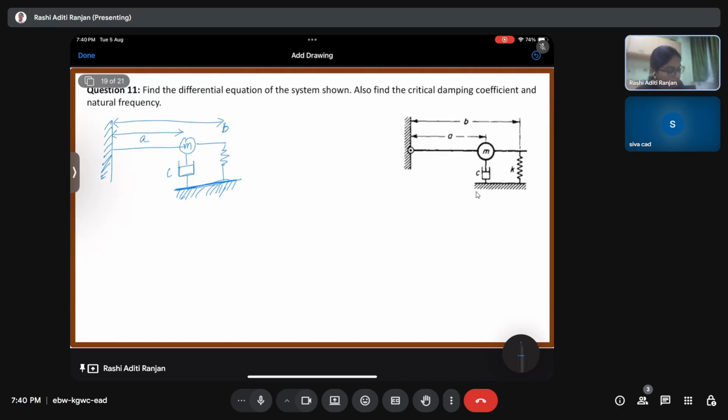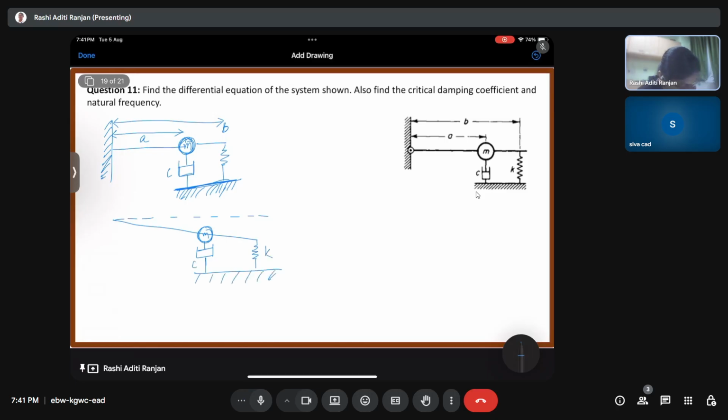Okay. Now, if this mass is going to perform oscillations with theta, what is going to happen? This is going to get converted like this. This is going to be the mass m. The dashpot is going to be pushed downward and the spring like this.